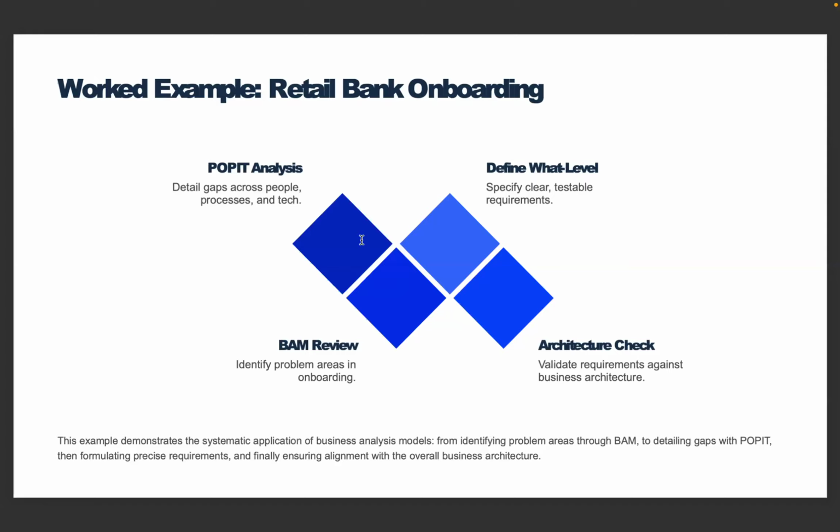So as an analyst, we need to first understand the current and the future state using the POPIT model, which is the people, the organization, the processes, the information and technology. Check the people, know if the employees need training, if they need to be more enlightened, if they need to understand their job requirements properly.